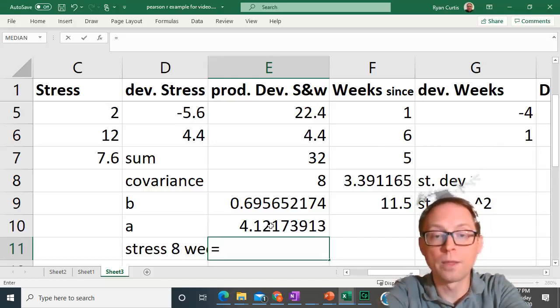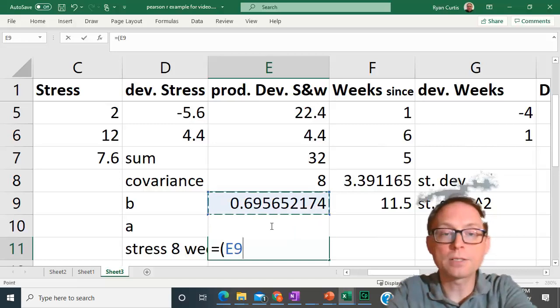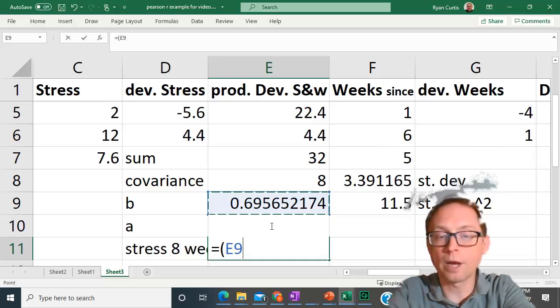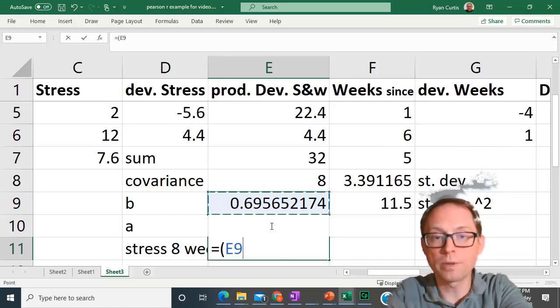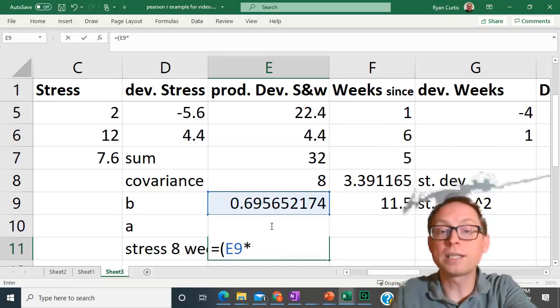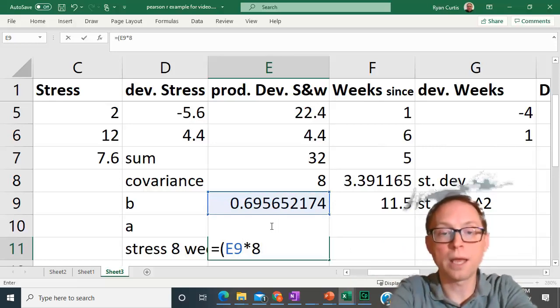So we need to do y equals bx. So b is 0.695, whatever it is, that's the slope, times x. And x in this case is what I gave you. I said 8 weeks, so it's going to be times 8. Plus the default.